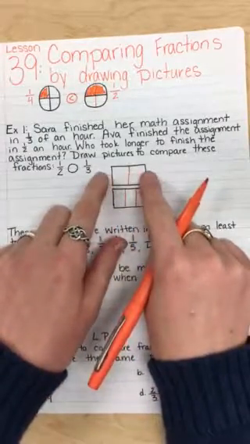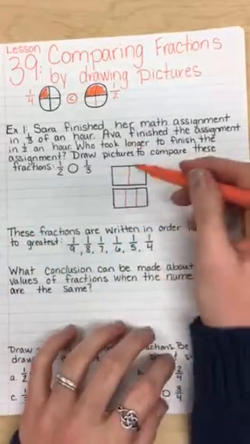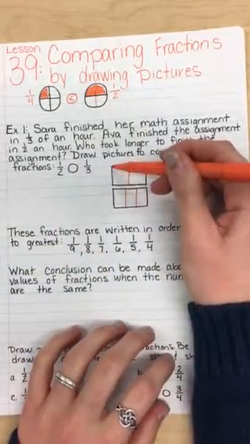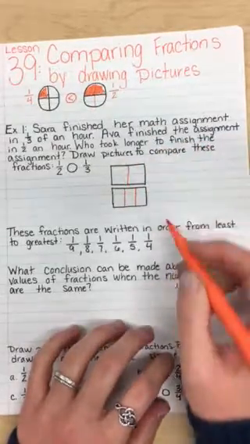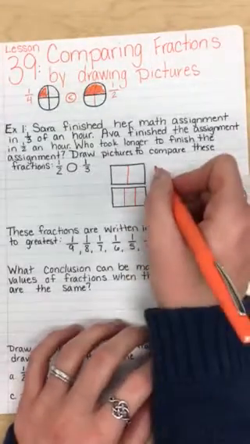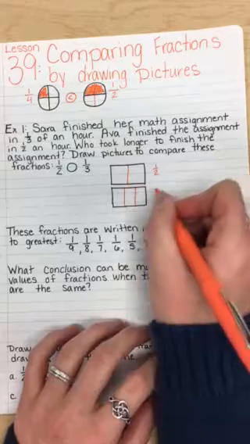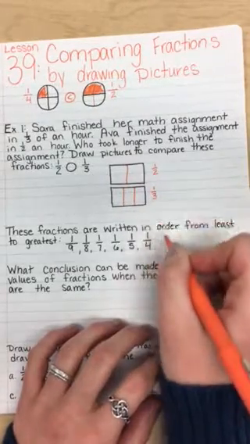Then these parts are bigger. To begin, you're going to draw 2 congruent shapes. Remember we learned that word the other day. Congruent shapes mean the same shape and the same size. We draw 2 equal size rectangles, and you're going to label this one 1/2, and you're going to label this one 1/3, because that's what we'll be shading, okay?